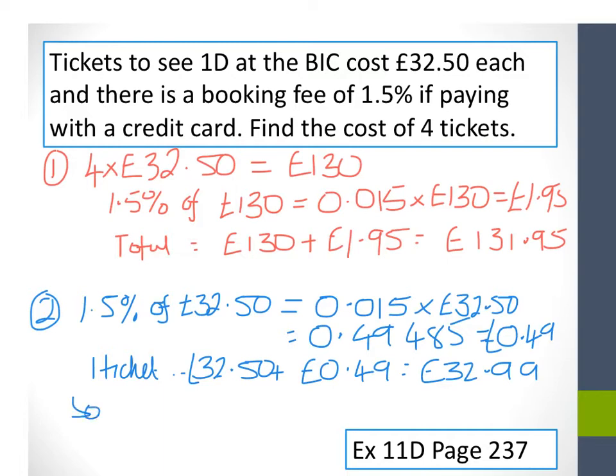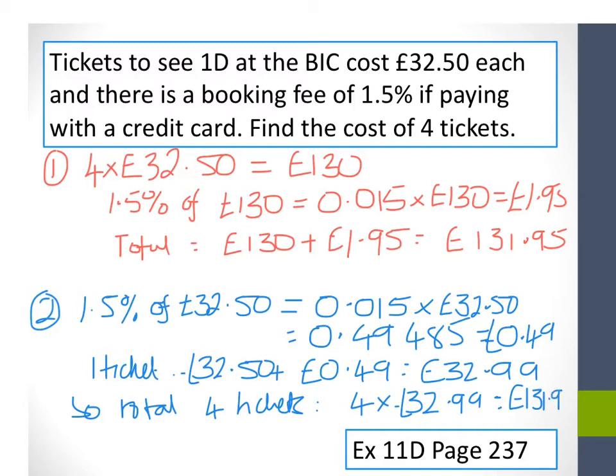So the total cost for 4 tickets is going to be 4 times £32.99, which will be £131.96. Now you can see that these two answers are not the same.